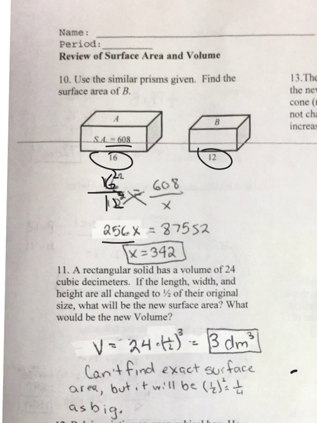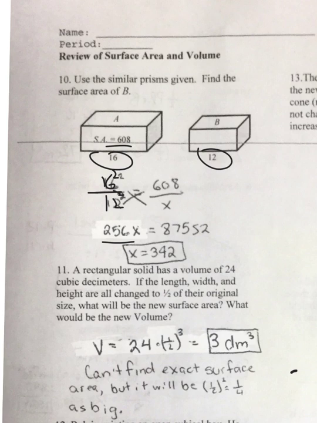16 squared is 256, 12 squared is 144, and then 144 times 608 is 87,552.